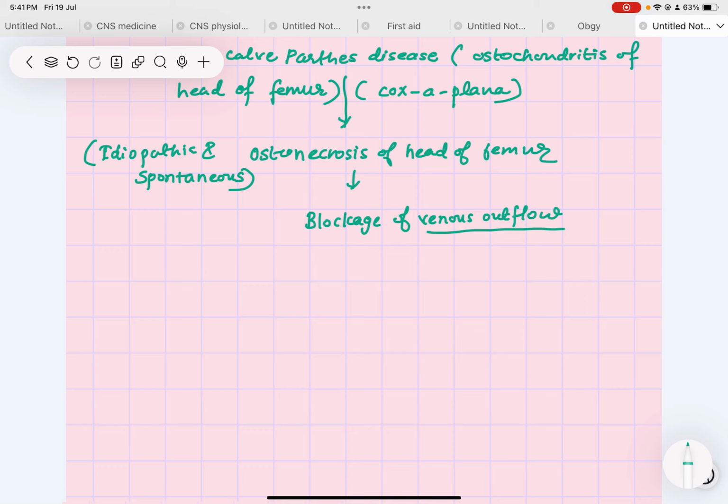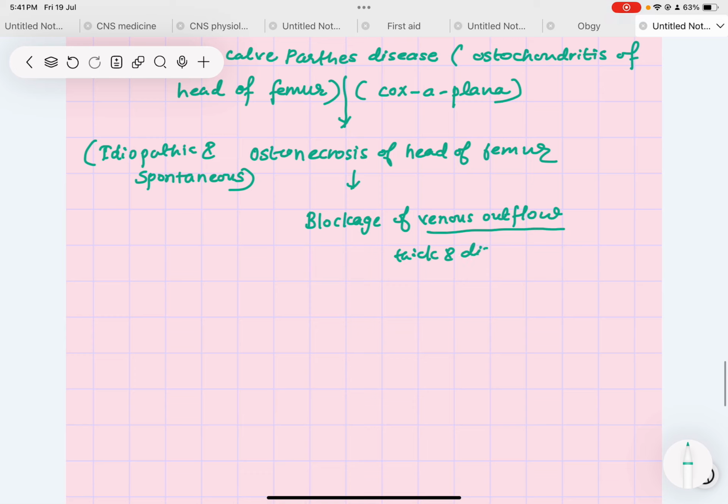If the venous outflow is blocked, then obviously the veins will be thick and distended, and that's why it will cause arterial compression and this will lead to ischemia.